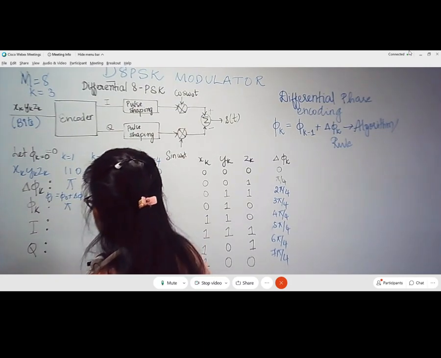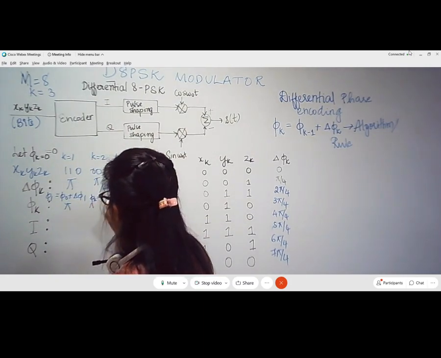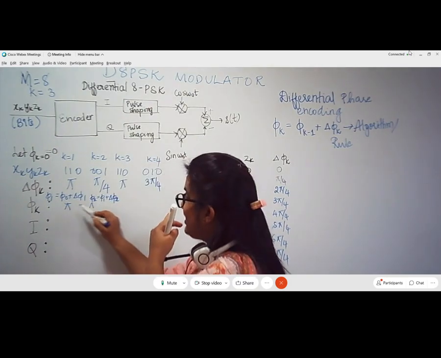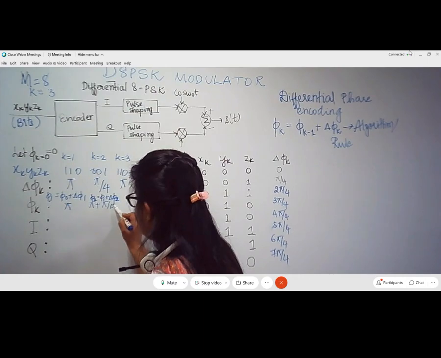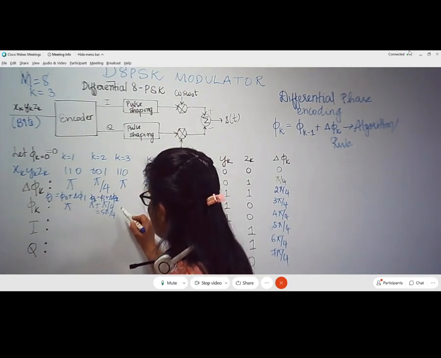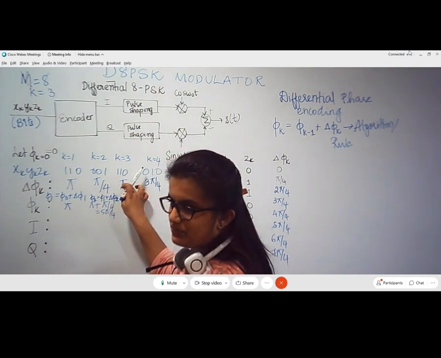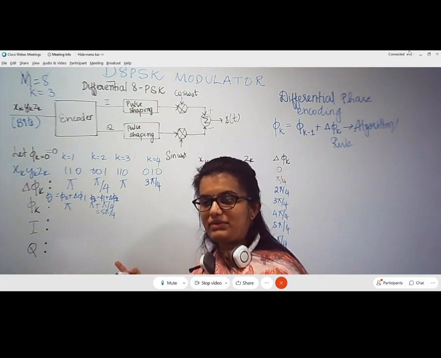Now coming to k is equal to 2 case, where phi 2 is equal to phi 1 plus delta phi 2. So phi 1 is pi plus pi by 4. This value will be equal to 5 pi by 4. Coming to k is equal to 3, it is 5 pi by 4 plus pi, which is 9 pi by 4.